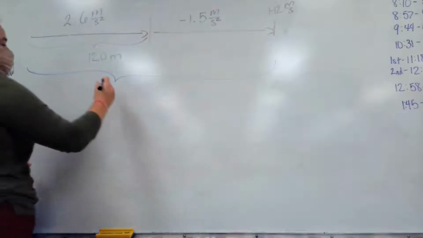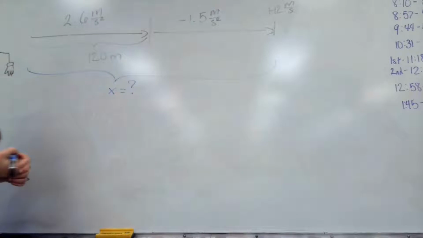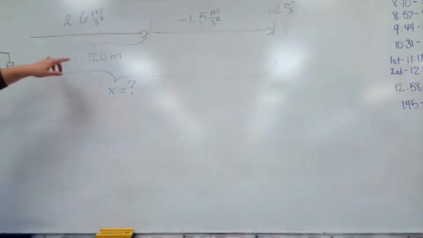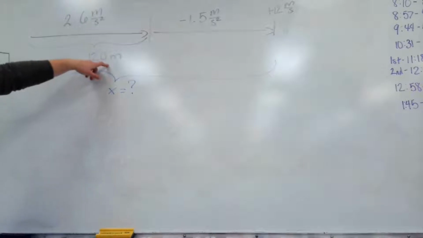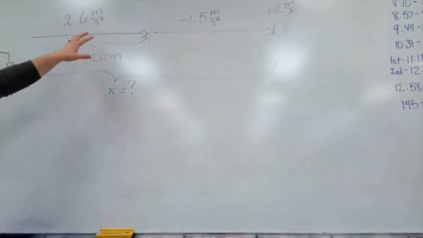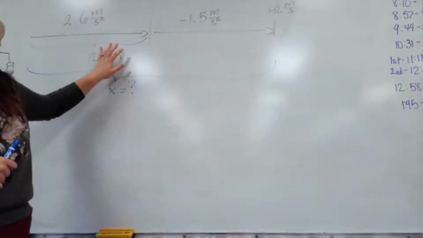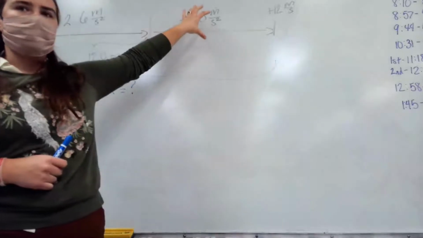So what we're looking for is our x. We already know our distance here, so we don't need to find a distance for this section. But what about this section here might affect our section here?